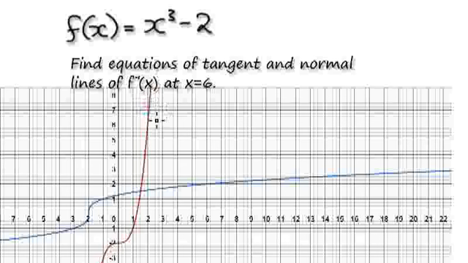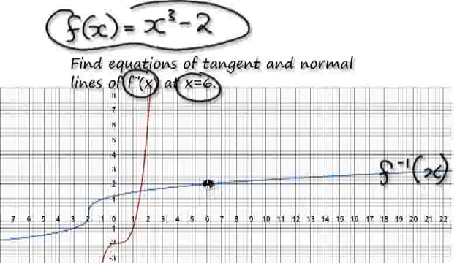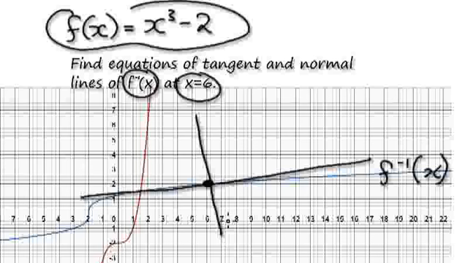This red line here is your function, and this blue line is your inverse function. Find them at x equals 6 of the inverse function. So find the equation of the tangent line, and then find the equation of the normal line.